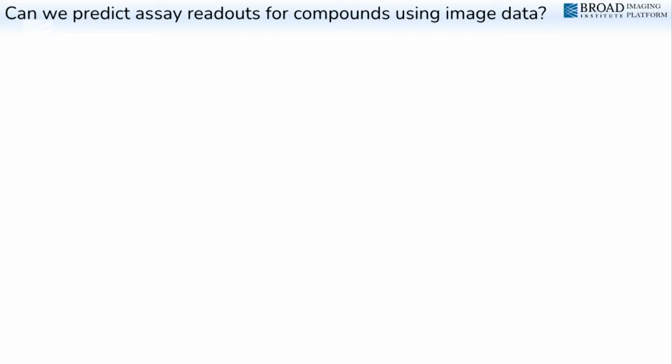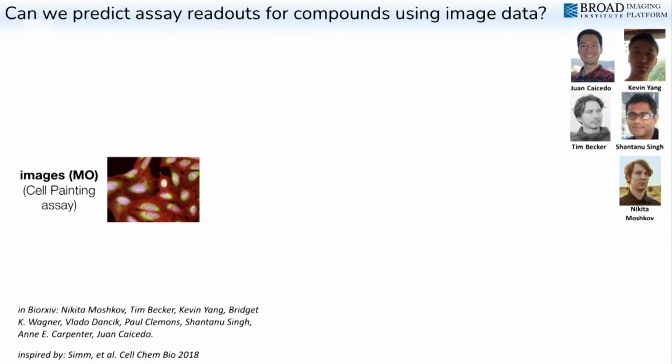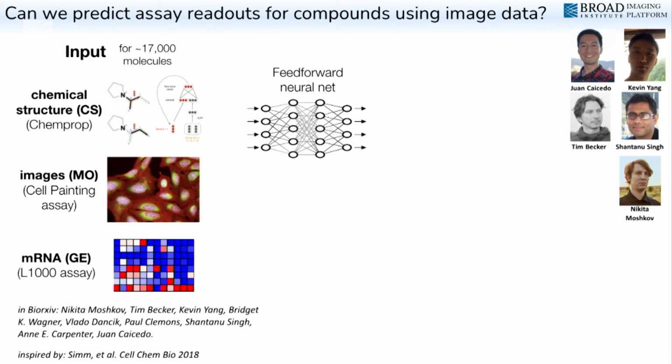But as an alternative, an international team, including Janssen and many others, a few years ago had demonstrated that data from a single high-throughput imaging assay can be repurposed to predict the biological activity of compounds in other assays, even those that are completely unrelated to the biological process that was being studied in that initial imaging assay. So we've extended this in our own work, where we combine imaging with chemical structure and transcriptional readouts to predict these assay readouts.